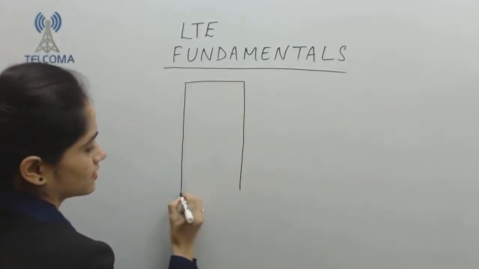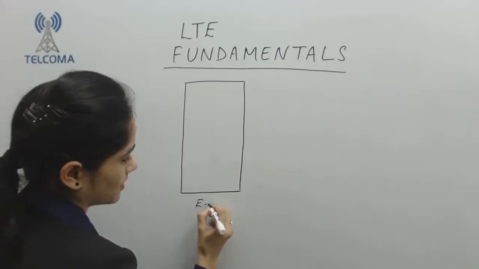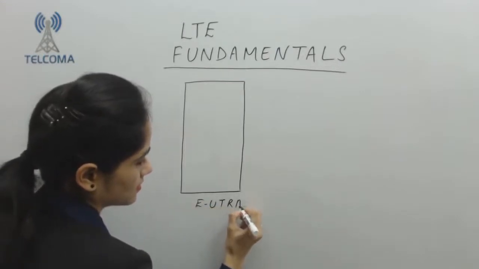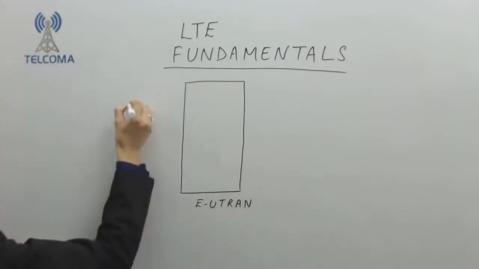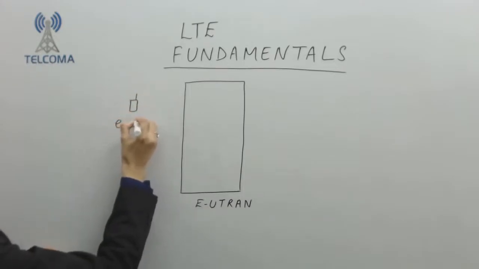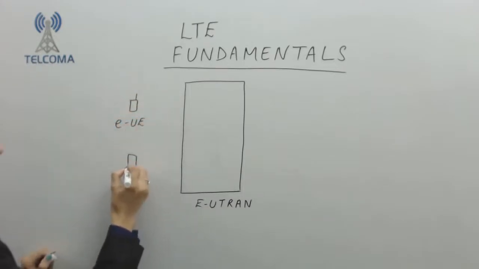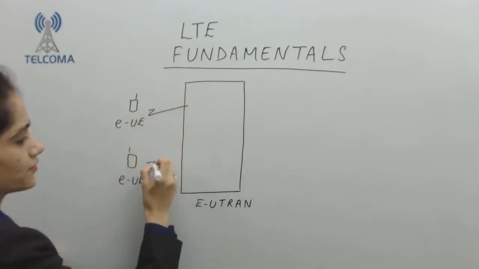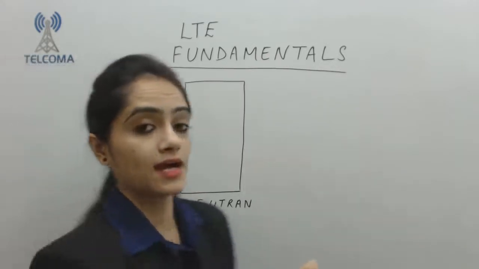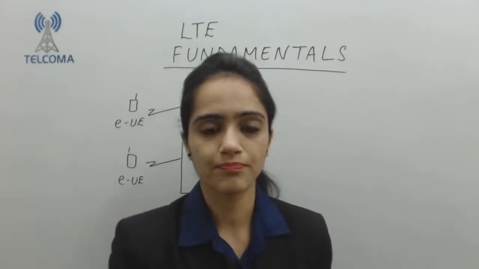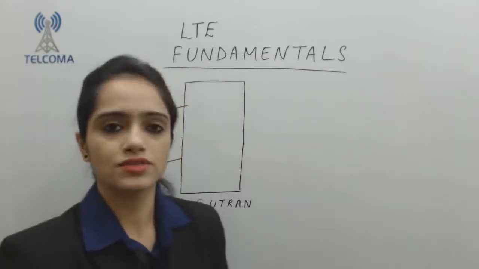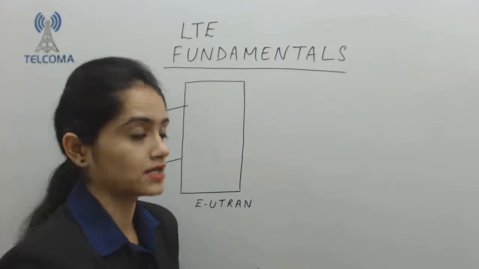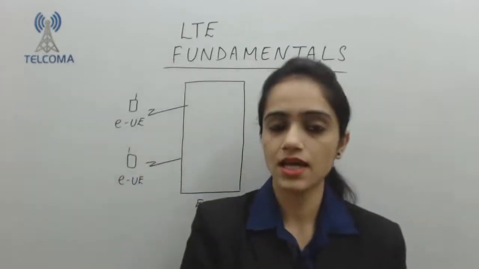So this is my EUT RAN part. We have a number of EUEs attached to it. With the help of the radio interface or air interface, I am connected to the EUT RAN part. Now in 3G or 2G cellular system, in the RAN part, we have BTS and BSC.